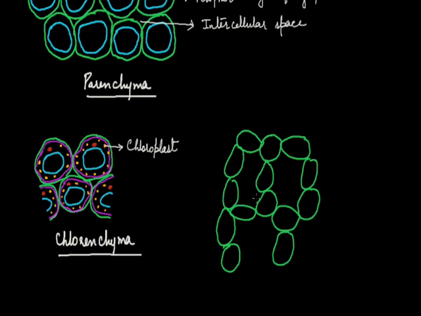So we can clearly see that this is a parenchymatous cell containing large intercellular spaces which are called air spaces. And this is the representation of air.